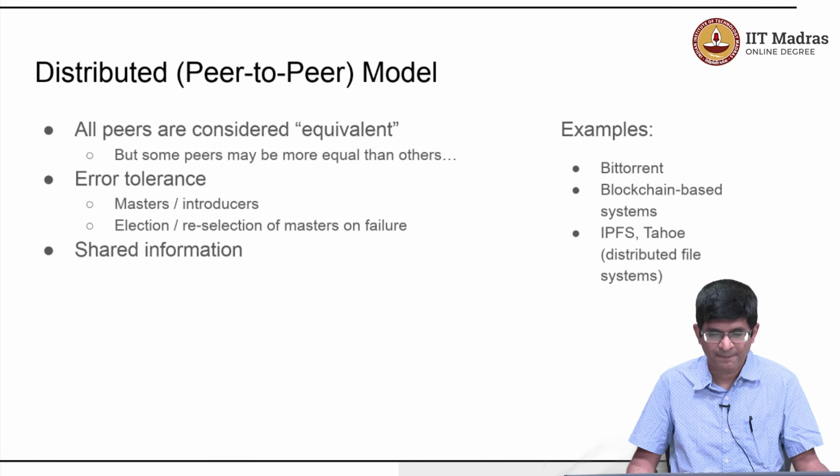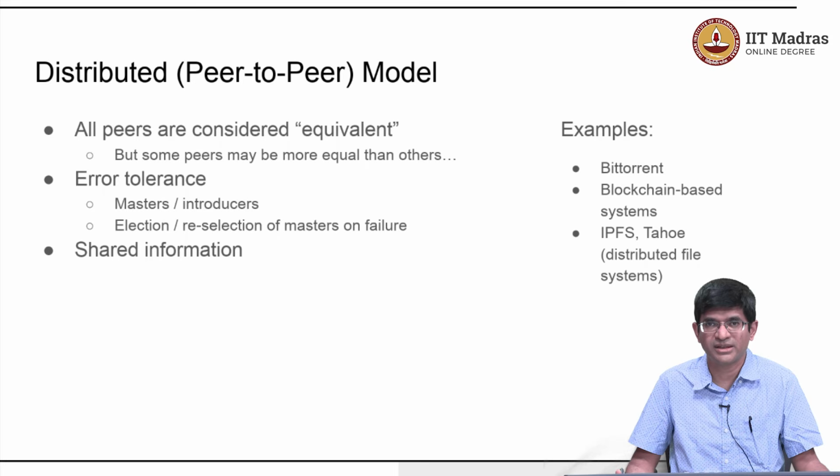Now the good thing about this peer-to-peer network architecture is that you need to have some kind of notion of a master or an introducer, but that's about it. You don't really have something which is the central controller of the network. You need some way by which a new node entering the network can get introduced to others. But once you have that, it's remarkably tolerant to failures, right?